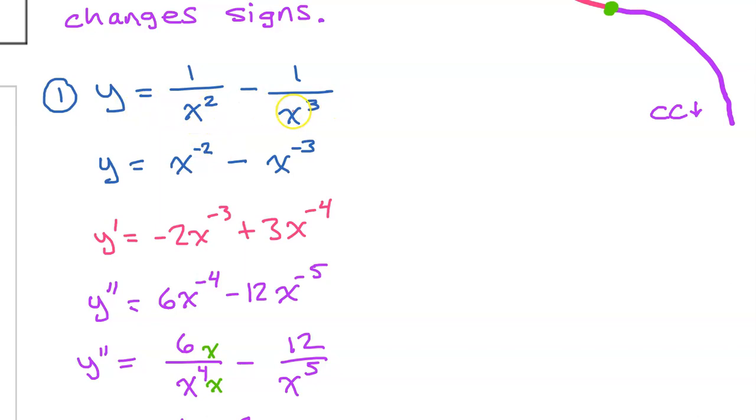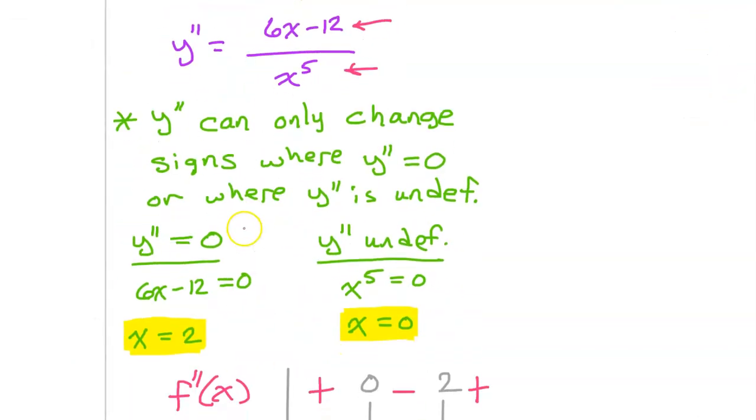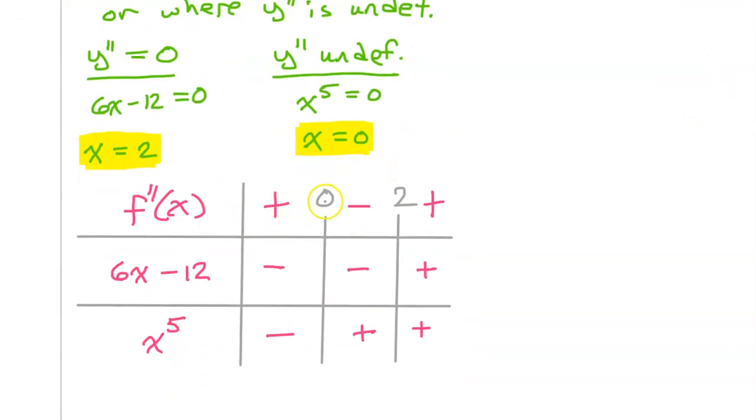X cannot be 0, right? Because you can't have 0 in the denominator. So I can forget about a 0 as a possible point of inflection because the function is not even defined at 0. So even though I do see a sign change right here, that's not a point of inflection.